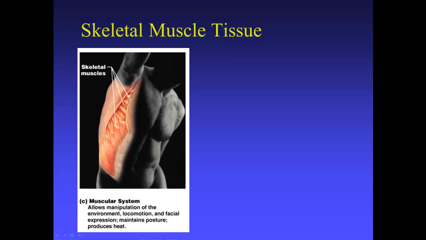Muscles, as the organs of your muscular system, contain all different types of tissue. They contain nervous tissue for stimulation, epithelium for organization and protection, and connective tissue for organization, protection, attachment, things like that.